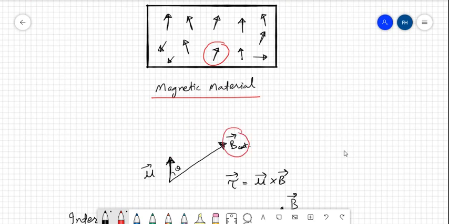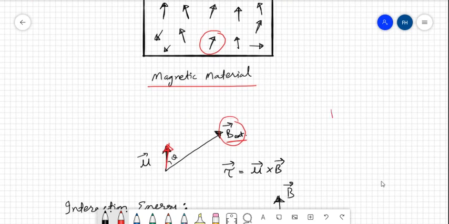We have already discussed that if we have a dipole moment P and put it in an external electric field E, then there will be a torque, and the torque will be equal to P cross E.